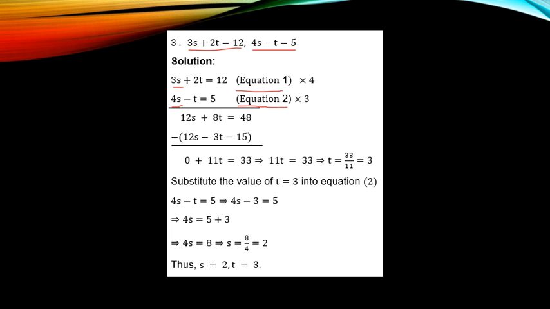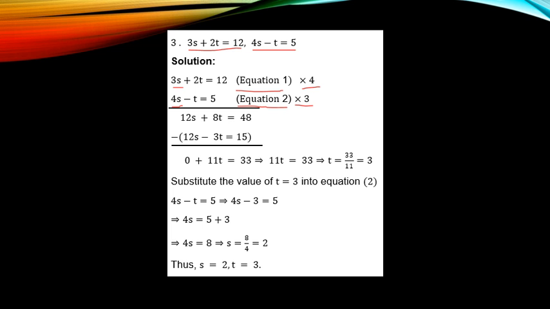That means you have to make the first coefficient 3 to be 12, the second coefficient 4 to be 12 also. To make 3 to be 12, you have to multiply equation 1 by 4. And to make 4 to be 12, you multiply equation 2 by 3. I hope you got that. All right.